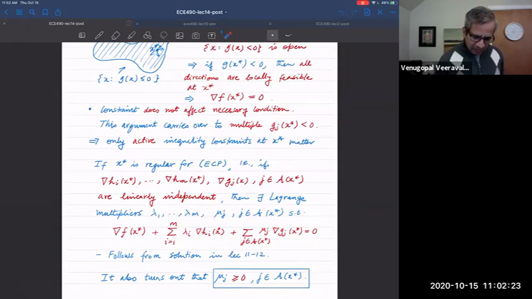Also, important to note that for the definition of regularity in the case of these inequality constraint problems, you only need to make sure that the gradients of the h's and the g_j's that are in the active set are linearly independent. And the important thing about inequality constraints is, of course, that the mu_j is non-negative.